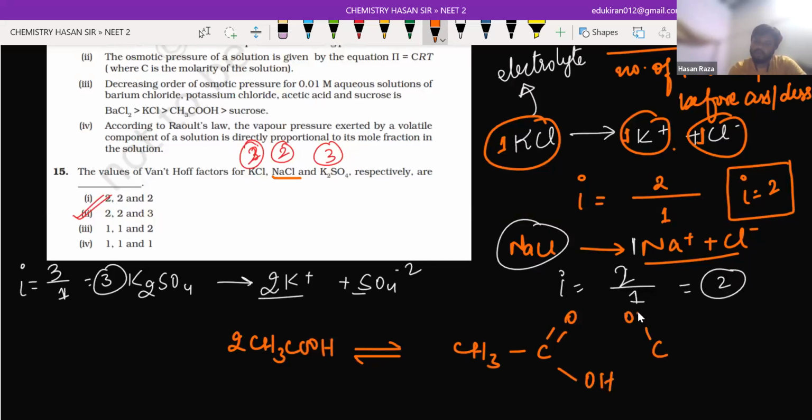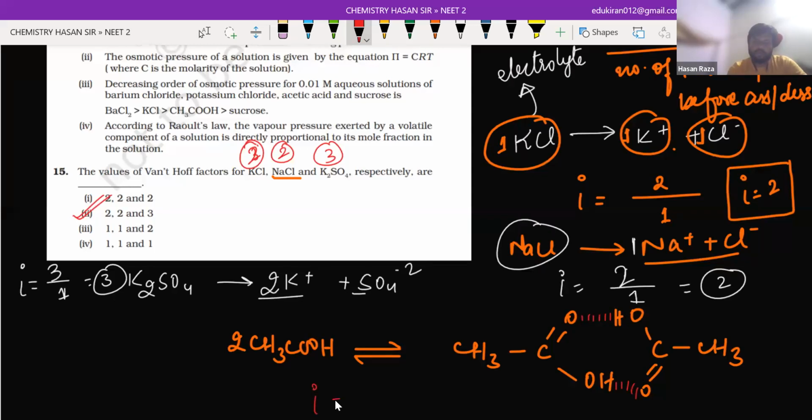You know what will happen? Now just let me write this COOH as this, and you can see the double bond O and this. There will be hydrogen bonding between these, and it forms a single molecule.